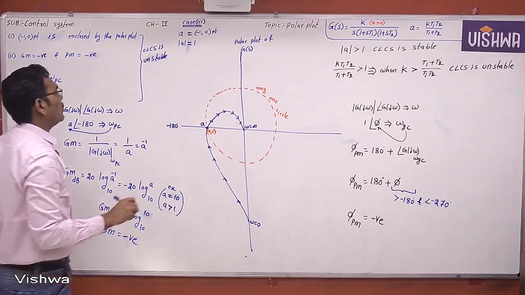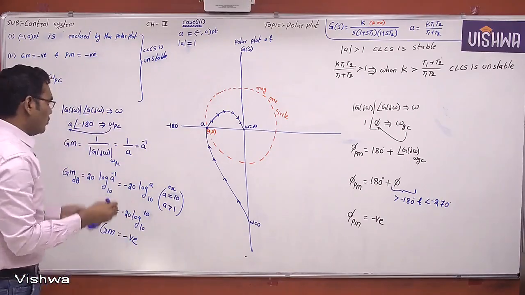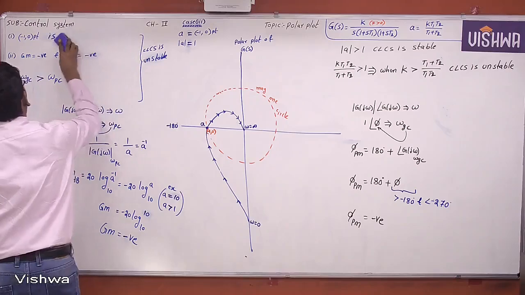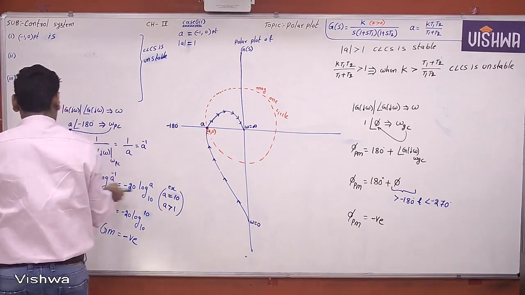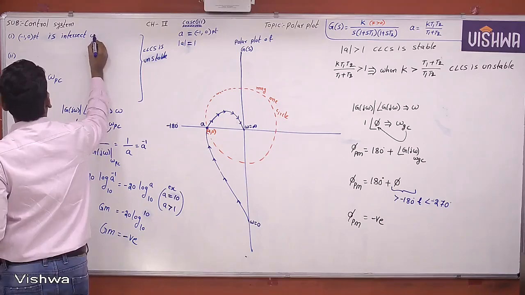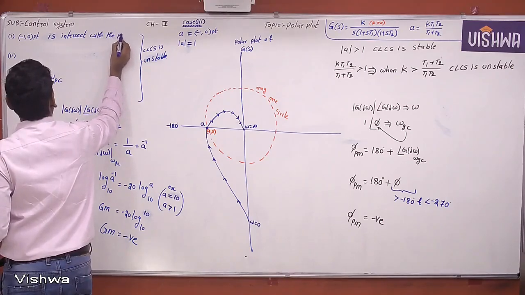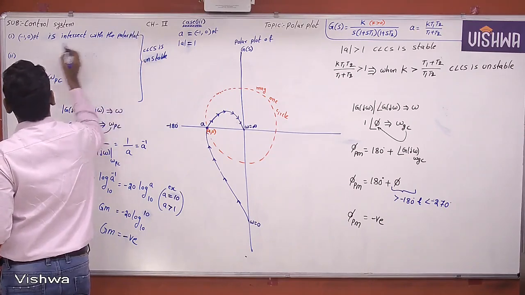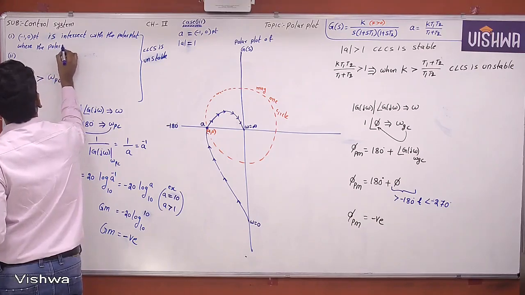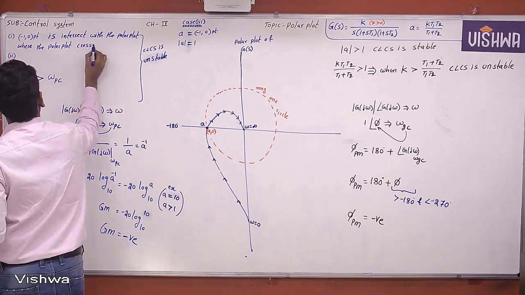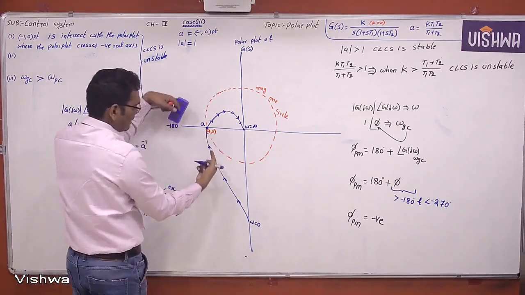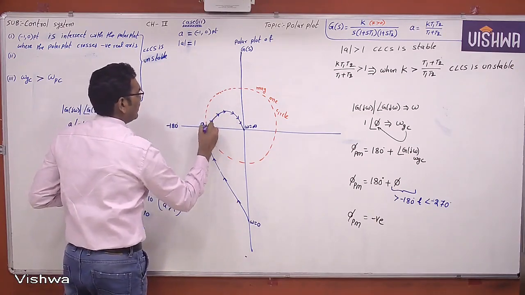The minus 1 comma 0 point intersects with the polar plot, where the polar plot crosses the negative real axis. This should be the same. The minus 1 comma 0 point is exactly where the polar plot crosses the negative real axis.